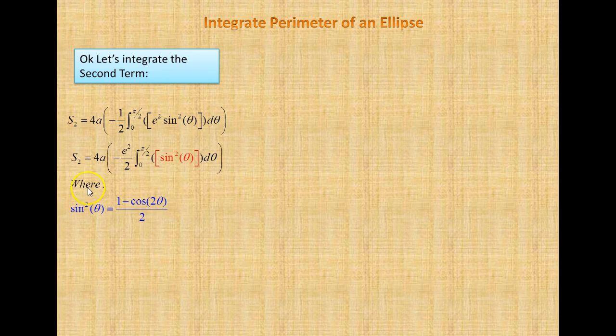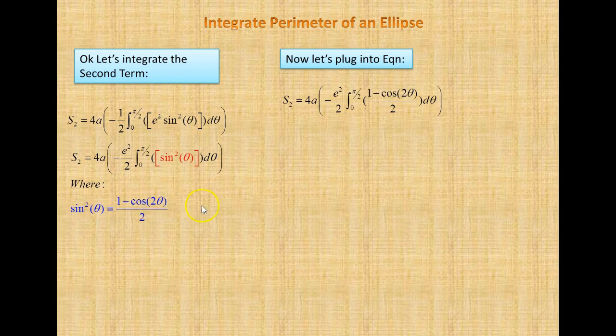We have a trigonometric identity where sine squared theta is equal to (1 minus cosine 2 theta) divided by 2. So now we just plug into the equation, and we take the 2 out because it's a constant, and 2 times 2 is 4. So now we have the integral from 0 to pi over 2 of (1 minus cosine 2 theta) d theta.